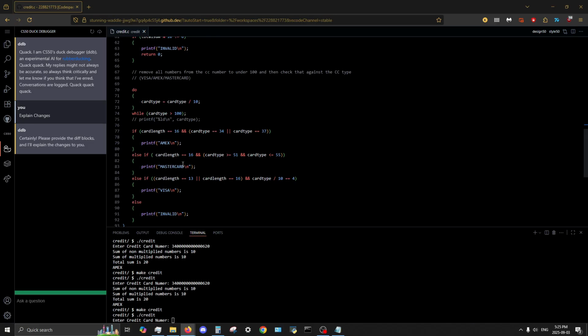American Express is 15. Amex is 15. MasterCard is 16. Visa is 13 and 16.